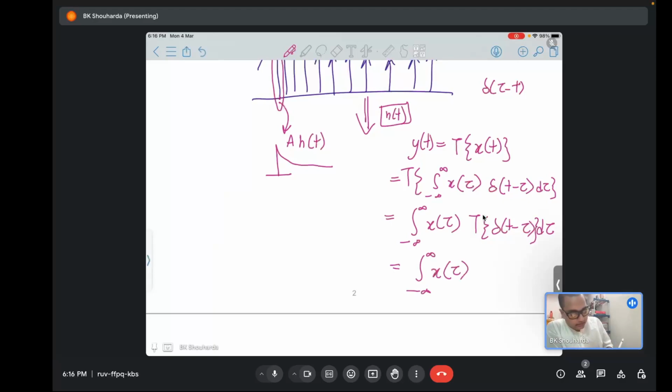So since this delta of t gives h of t, then by the time invariance property delta of t minus t naught will give me h of t minus capital T. So we'll get h of t minus tau d tau.